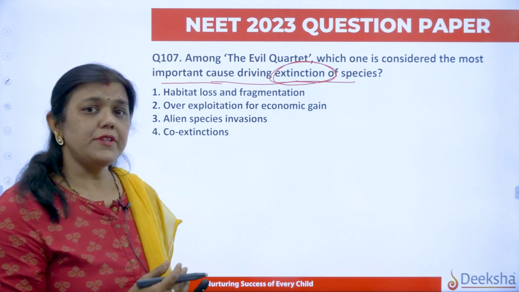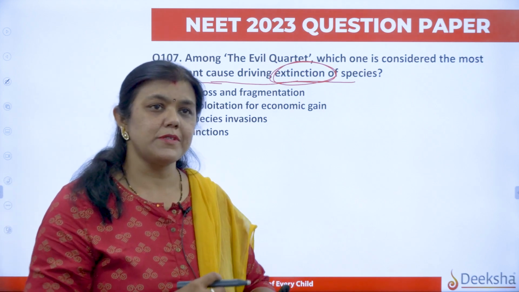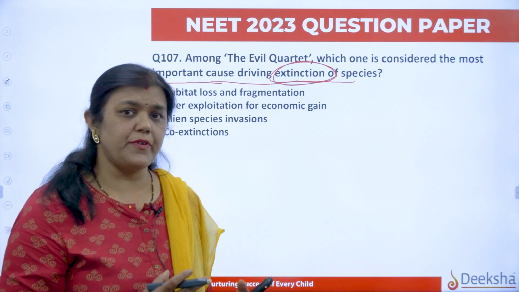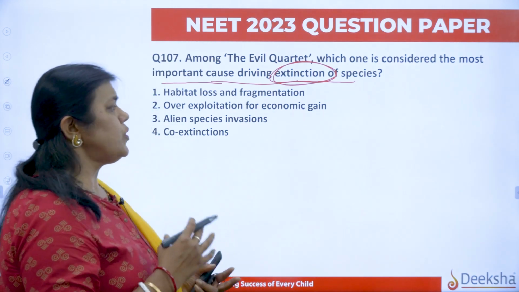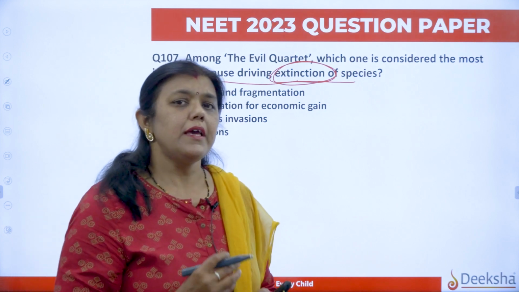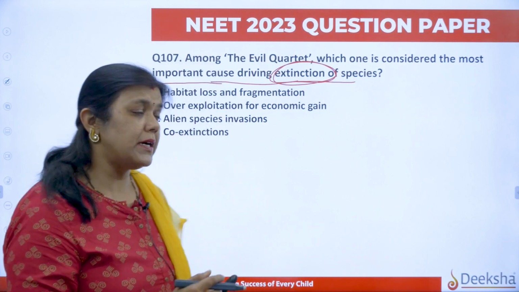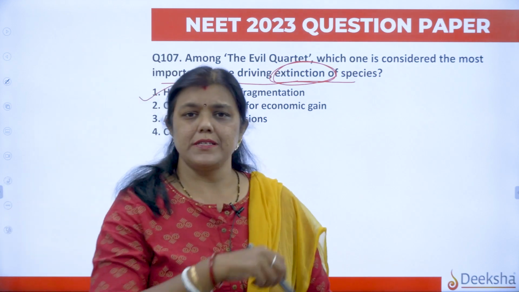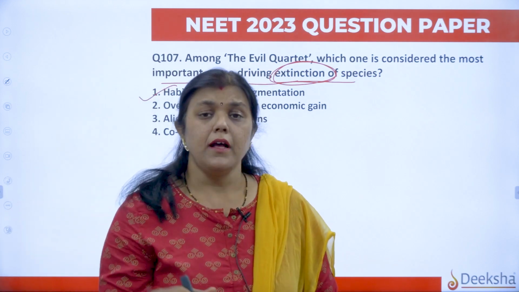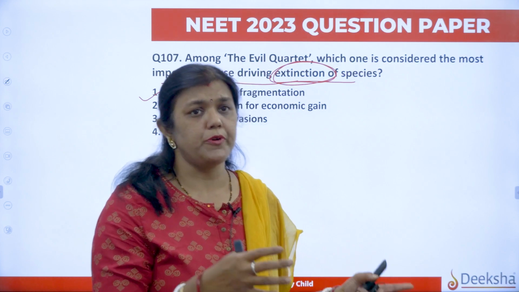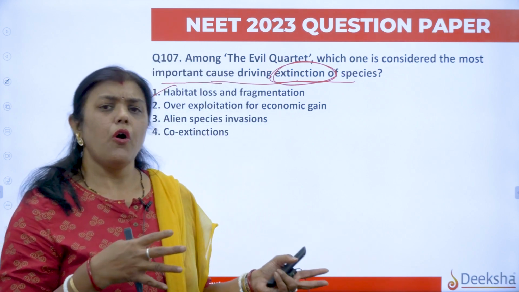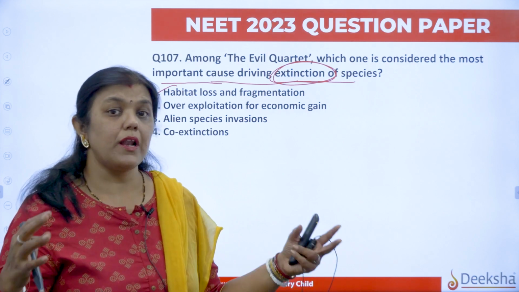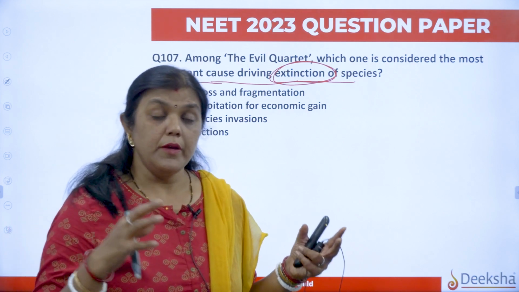Alien species invasion is when alien species come into a particular area or a particular water surface. Overexploitation for economic gain is not the most important cause, but if I consider habitat loss and fragmentation, that means when there is a habitat in a particular area, there is a large amount of loss because of any natural calamities or any other reason, then that causes a mass extinction of important species.